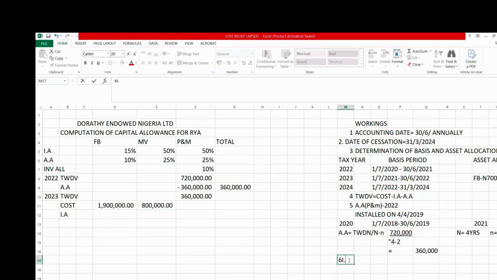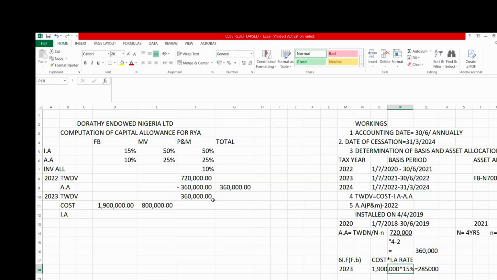Initial allowance for factory building is calculated as cost multiplied by the initial allowance rate, which is 15%. So the initial allowance for 2023 year of assessment for factory building is 1,900,000 multiplied by 15%, which gives us 285,000.